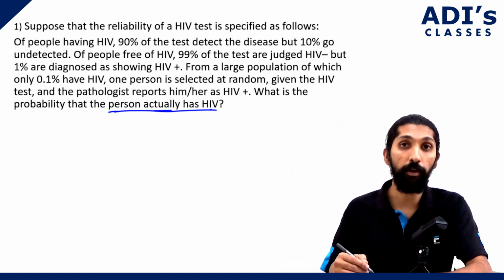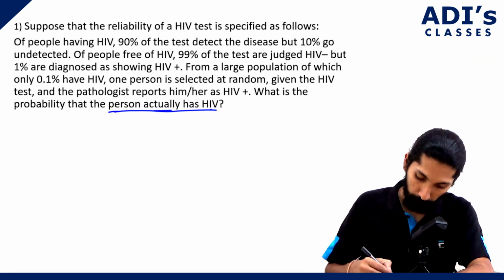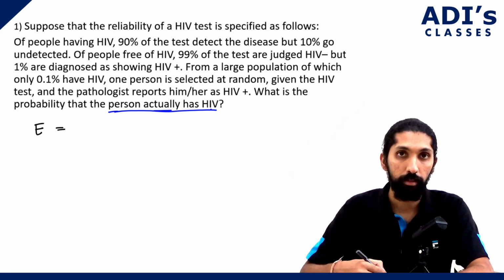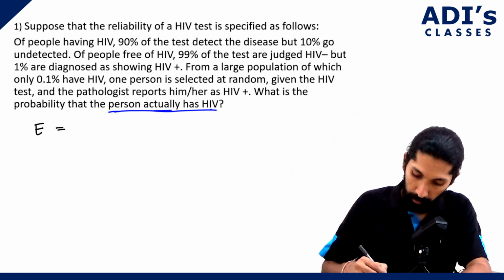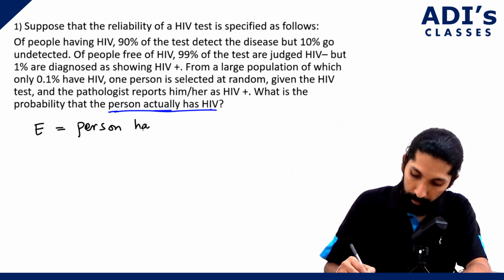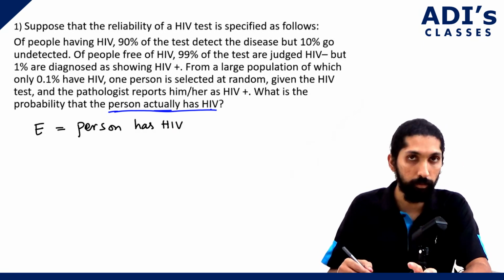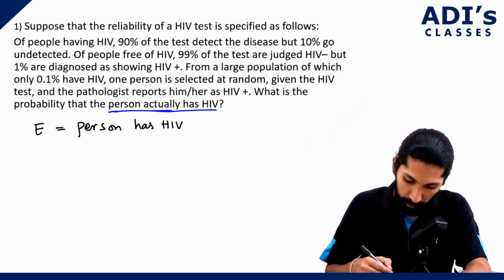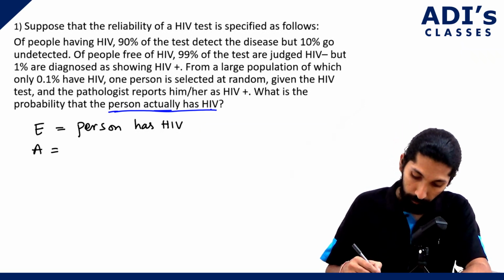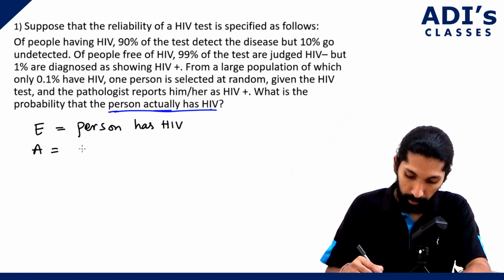See, let's define two events. Okay, so the first event we'll call E. This event is where the person has HIV. Okay, this is one event. Say we have another event A, where the person is diagnosed positive.